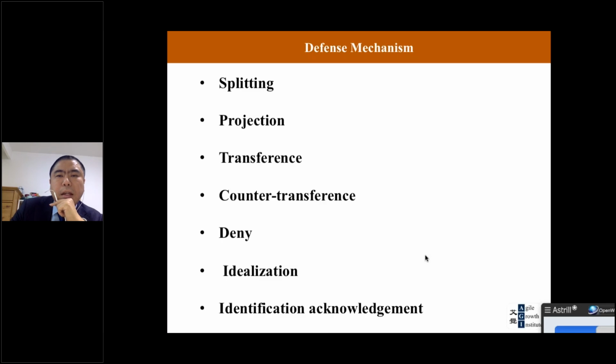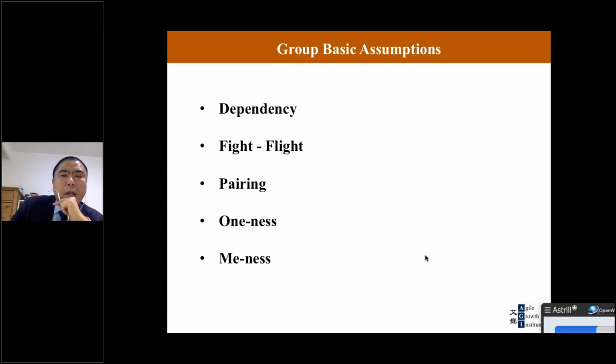They are suppressed. Because there are many suppressed emotions, people have to find some defense mechanisms to keep themselves away from the uncomfortable feeling about these negative emotions. So there are many defense mechanisms: splitting, projection, transference, countertransference, denial, idealization, identification, acknowledgement, and so on.